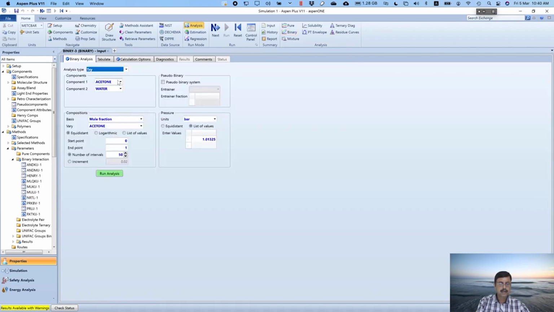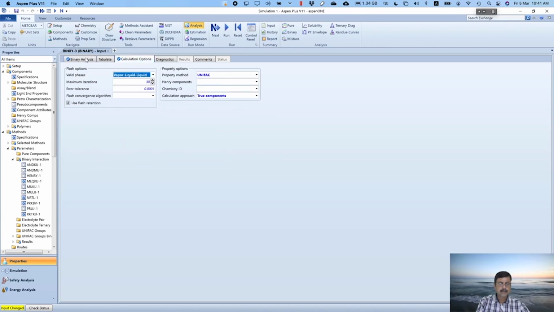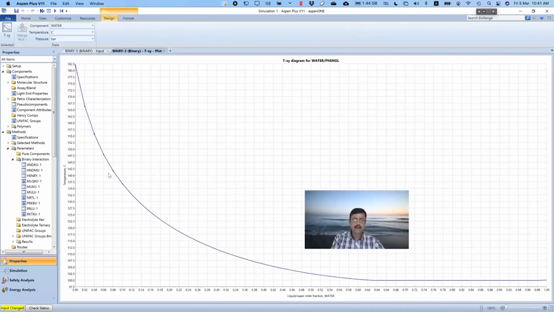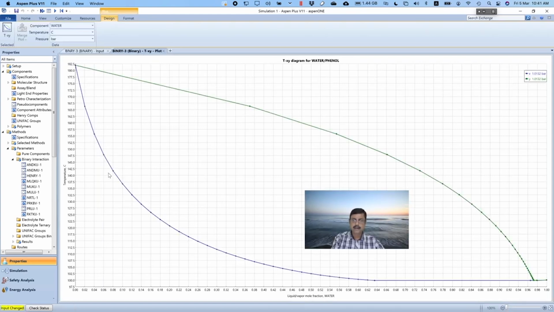Take phenol over here and water over here. Mole fraction from 0 to 1 of water. Calculation option UNIFAC. So run analysis. This is UNIFAC.